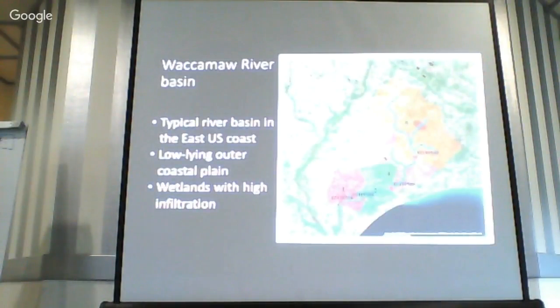So we selected a typical basin. This is the Waccamaw River basin, a typical East Coast river basin. It's low-lying, and the land type is mostly wetland with a very high infiltration rate. We divided this whole basin into 5 smaller sub-basins.